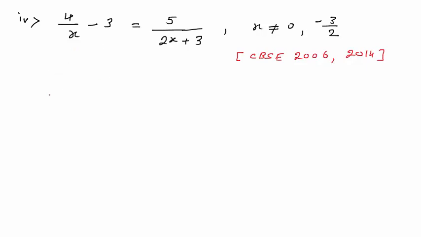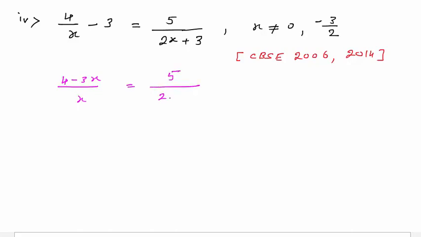4 upon x minus 3. So here I cross multiply and I will write 4 minus 3x whole divided by x equal to 5 upon 2x plus 3. Now I cross multiply and it will give me 4 minus 3x into 2x plus 3 equal to 5x.